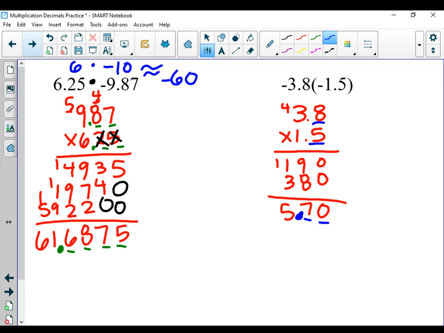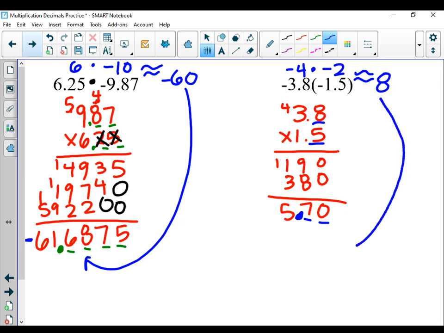I'm expecting close to, forgot that negative again. Negative 4 times negative 2. I'm expecting close to 8.